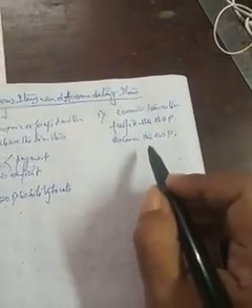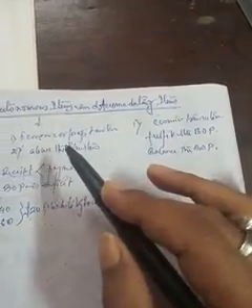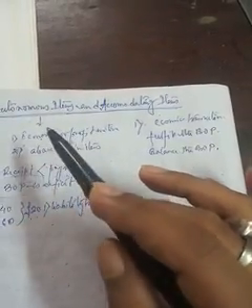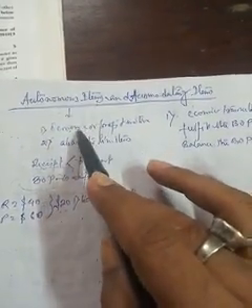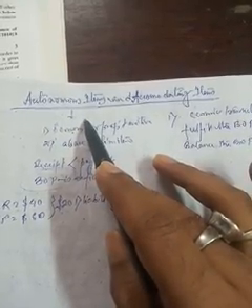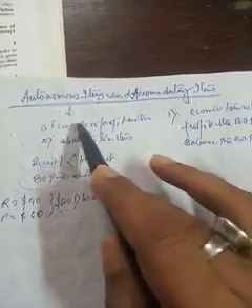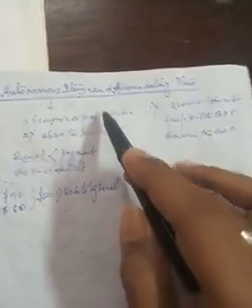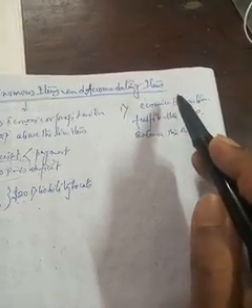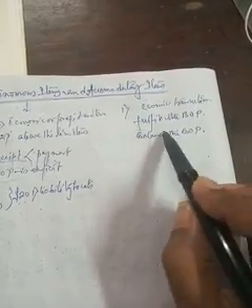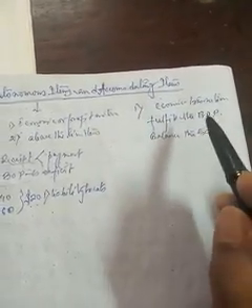Autonomous items are those economic transactions which include the economic motive or profit motive. But accommodating items are those transactions which try to fulfill or balance the balance of payment.